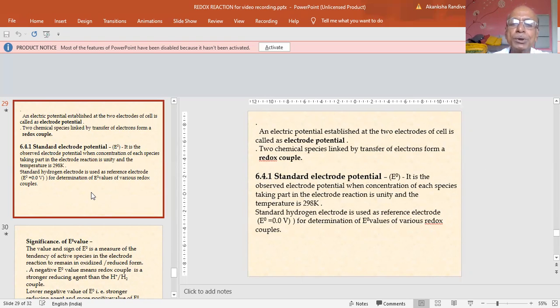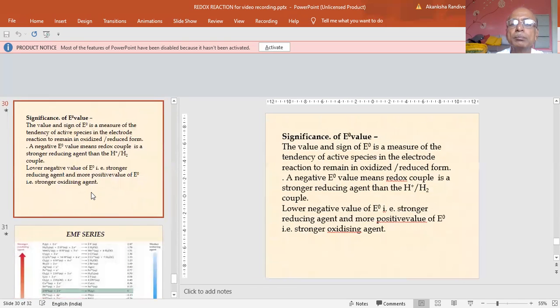It is the observed electrode potential when the concentration of each species taking part in an electrode reaction is unity and the temperature is 298 Kelvin. The standard hydrogen electrode is used as a reference electrode. The potential of the standard hydrogen electrode is 0 volt, for determination of standard potential values of various redox couples.